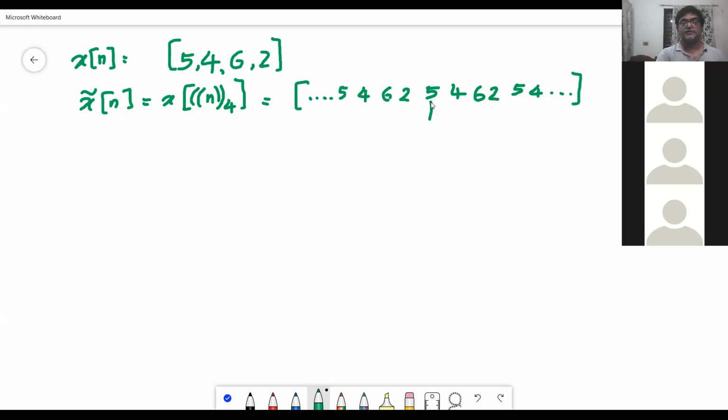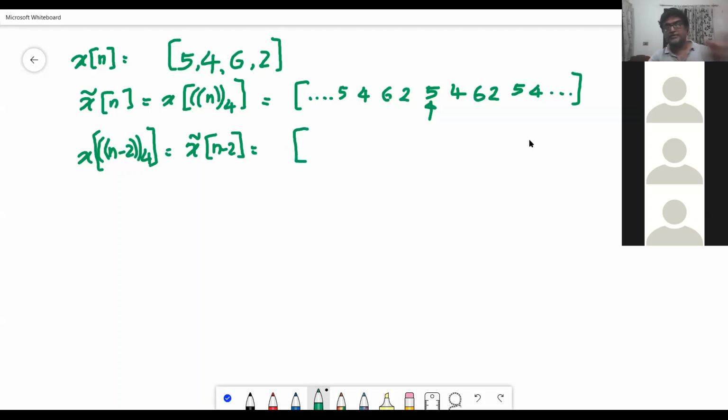I'll put this as my origin. Now let me look at x of (n minus 2) modulo 4. That will be the same as x tilde of n minus 2, which is equal to what? So I move this sequence by 2 samples in the positive direction.